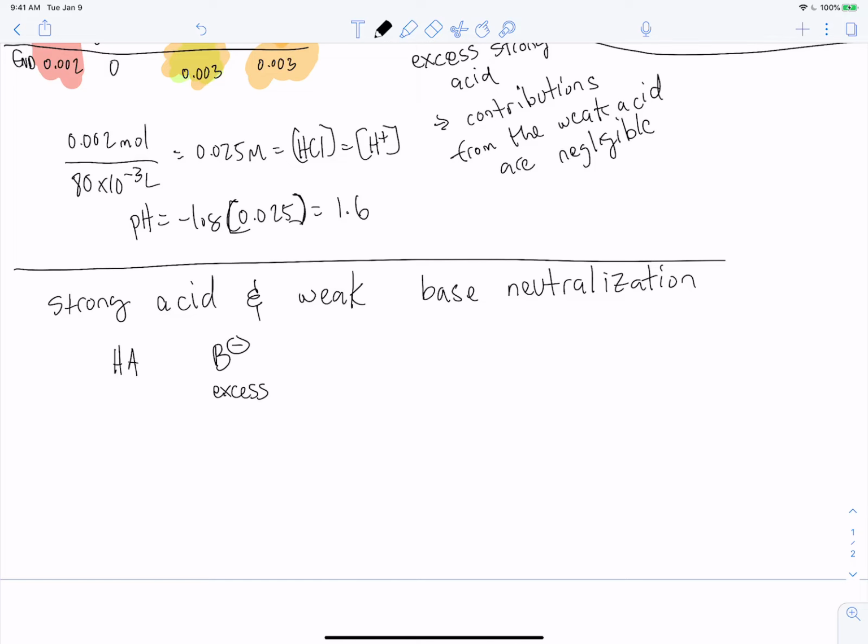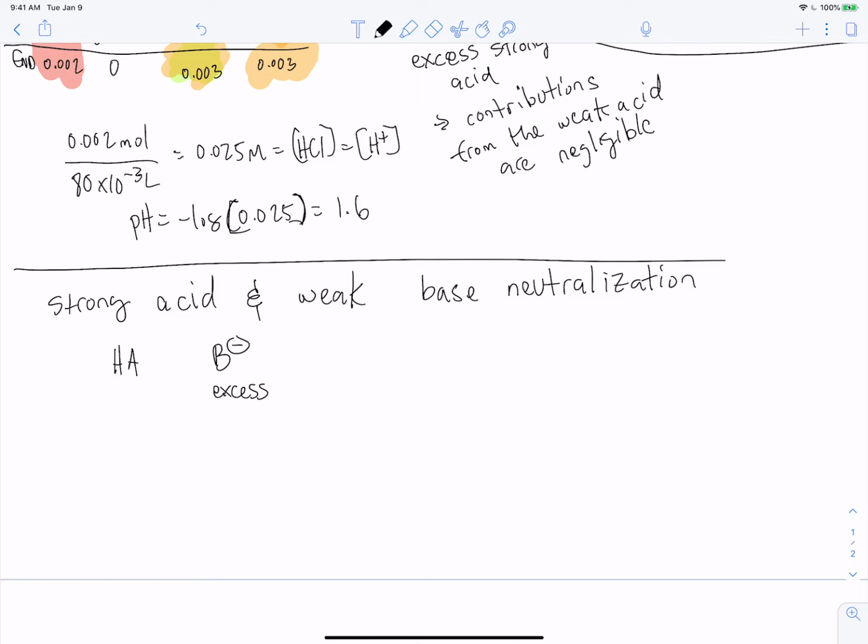I'm going to change HA to HX. But we'll say log of B minus over BH.